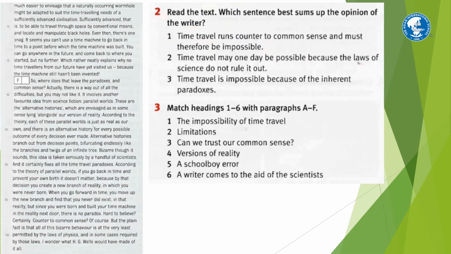Number 4, versions of reality. That should have gone with paragraph F, still on screen there. Number 5, a schoolboy error should have gone with paragraph A. And number 6, a writer comes to the aid of scientists, should have gone with paragraph D, 6D.